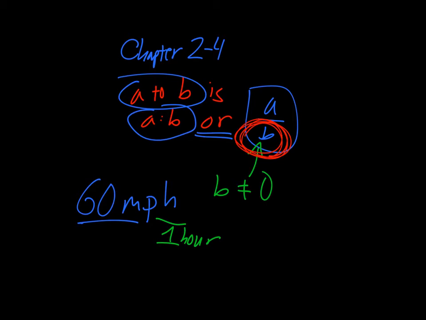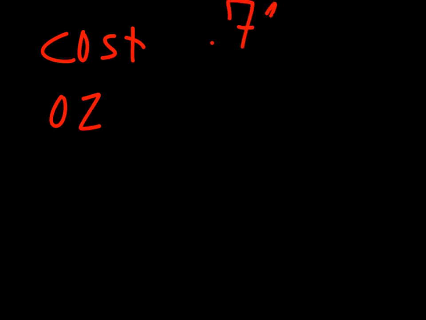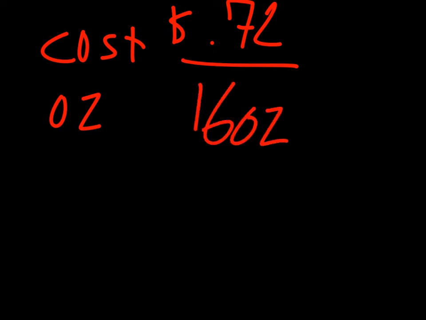So, let's get started. Here's an example using unit rates. If this is cost, and this is ounces, let's say you have 72 cents for every 16 ounces, okay?